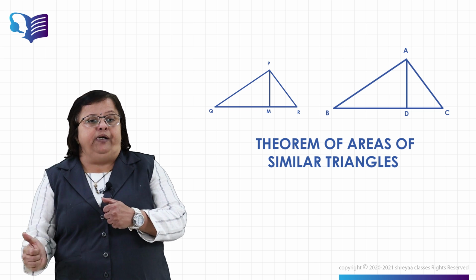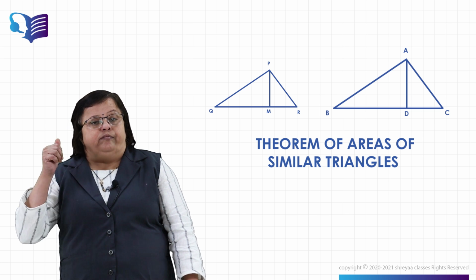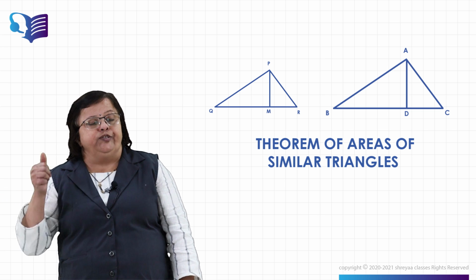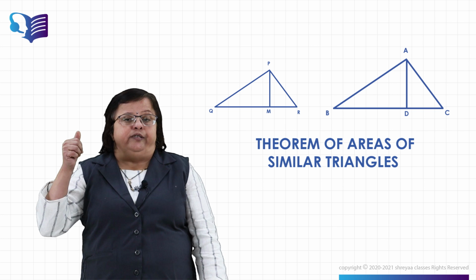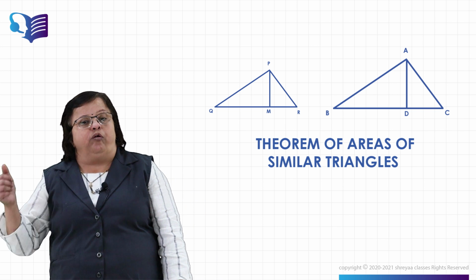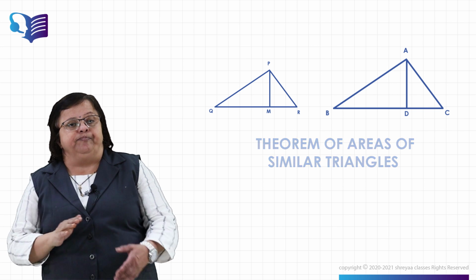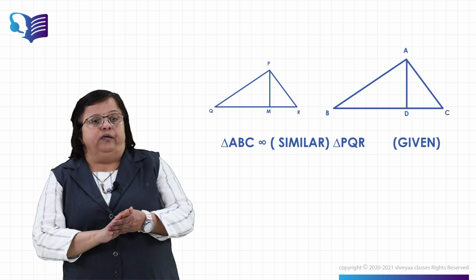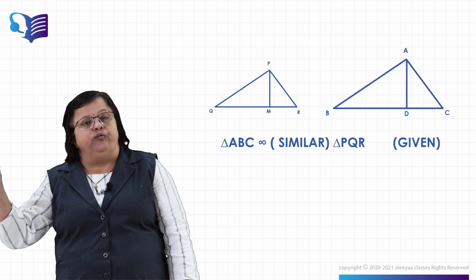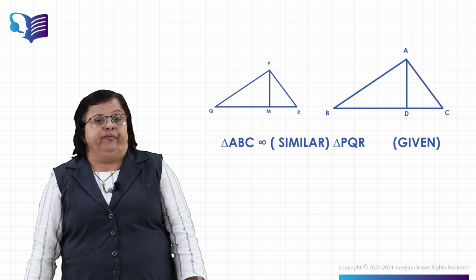So what is the statement? If two triangles are similar, then the ratio of their areas is equal to the ratio of squares of their corresponding sides. Now in this figure, we can say that triangle ABC is similar to triangle PQR, that is given.